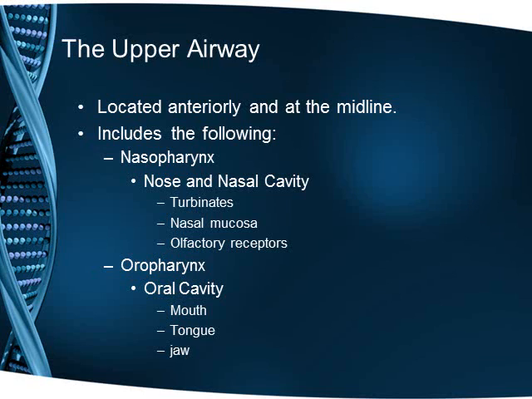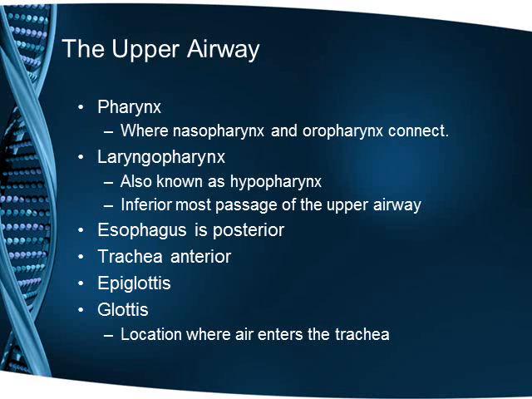Behind that we have the oropharynx, which is the oral cavity, the mouth, which obviously takes in both air and food. The tongue helps with mastication, the chewing of the food, and our jawbone helps with communication and also mastication. Behind that we have the pharynx, which is where the nasopharynx and the oropharynx connect.